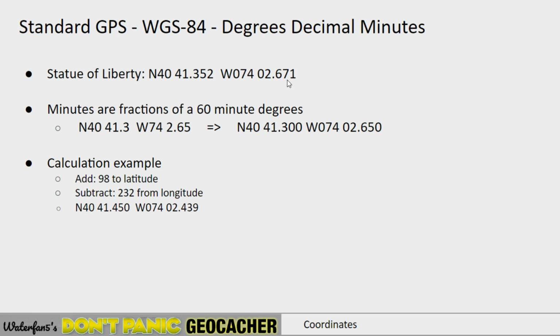The same, 671 minus 232 is 439. So if they simply do a calculation like this, then they mean to take it off the fraction part. There might be other ways to indicate it. They might also, for example, talk about projections, in which case you have to do a very different formula. But if they simply say add this number or subtract this number, then you can assume it's taken from the fractions of the minutes.